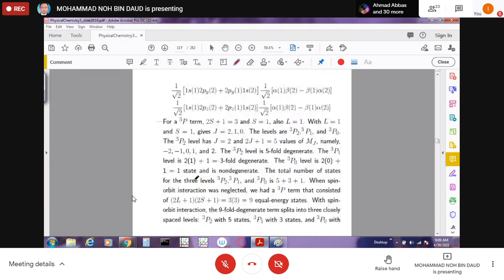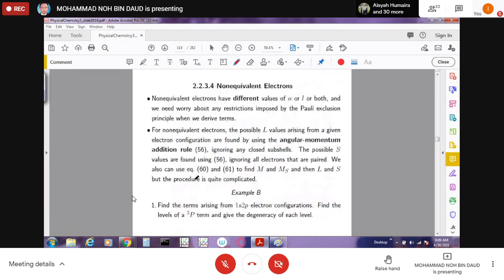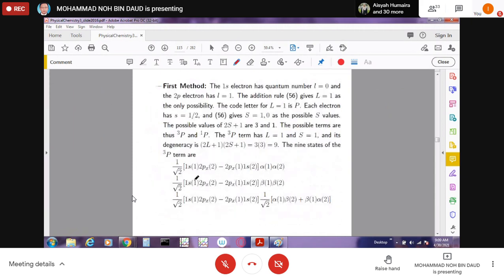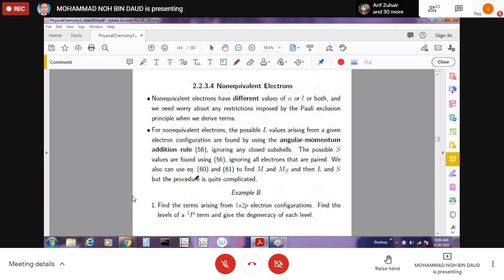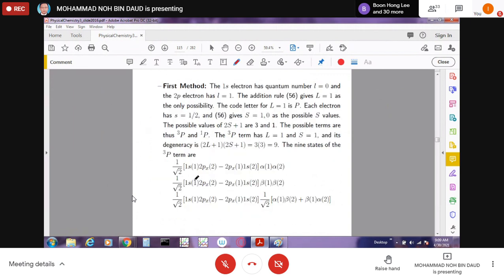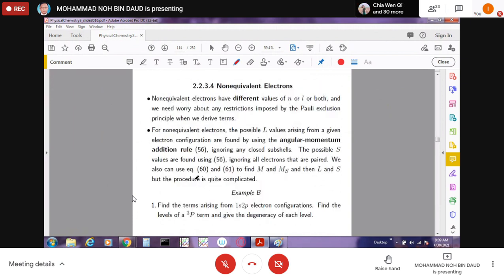Okay, for the non-equivalent electrons, we can use directly the angular momentum addition rules, like this example for 1s2p.